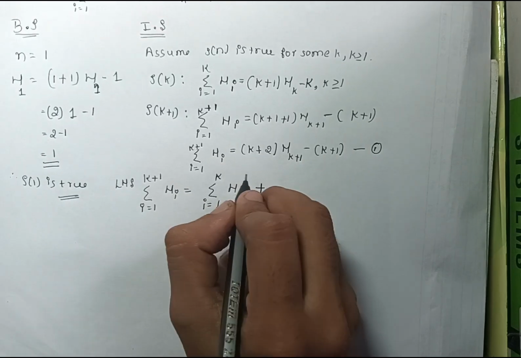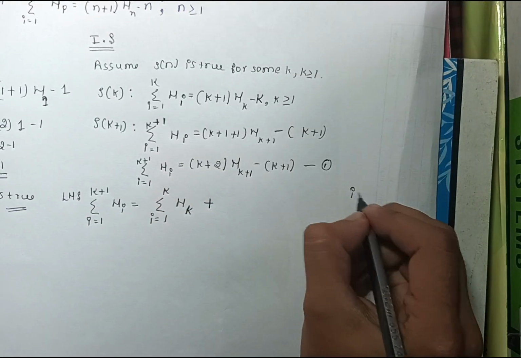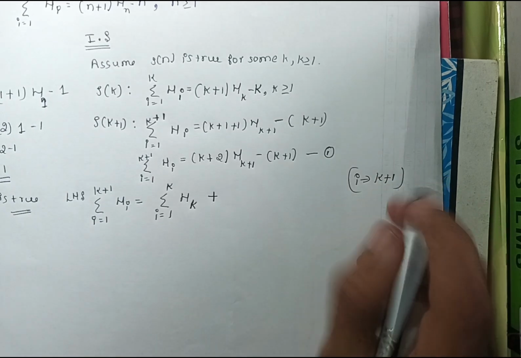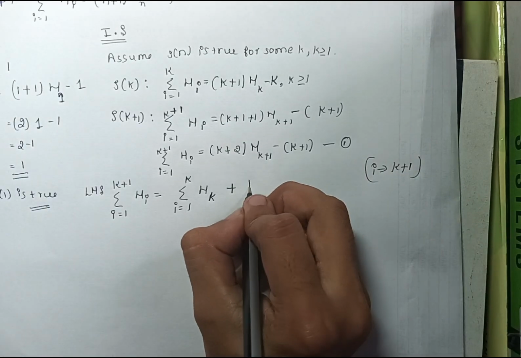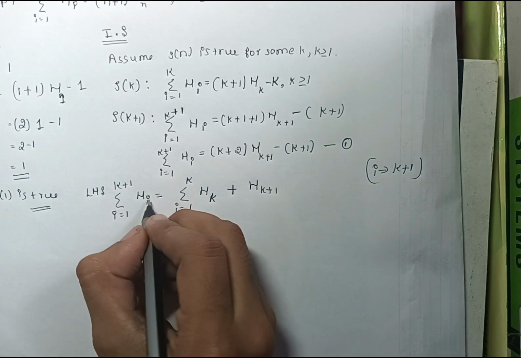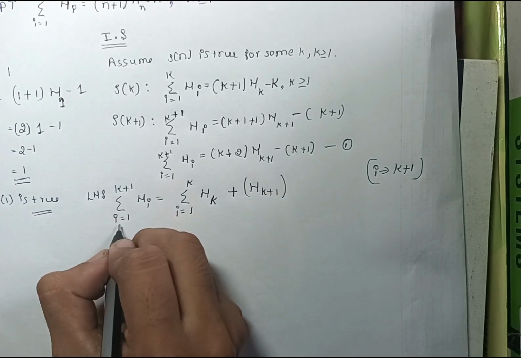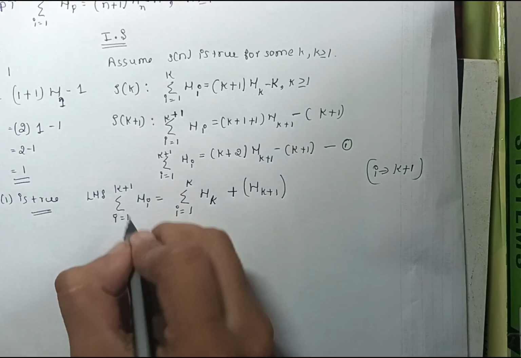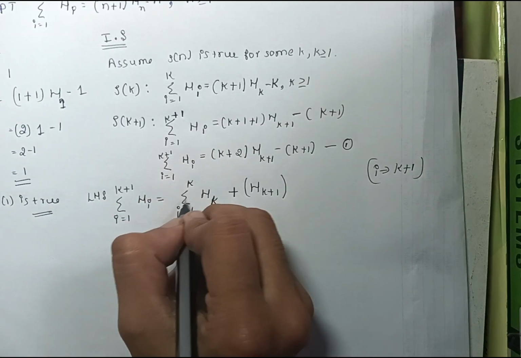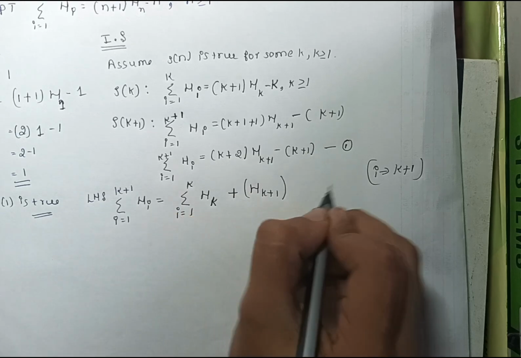What is the next term? To write the next term, replace i by k plus 1. Hence the equation becomes h of k plus 1. We just replaced i by k plus 1, which is the next term, and we divided this equation into the summation part hi, i equal to 1 to k, plus the next term h of k plus 1.